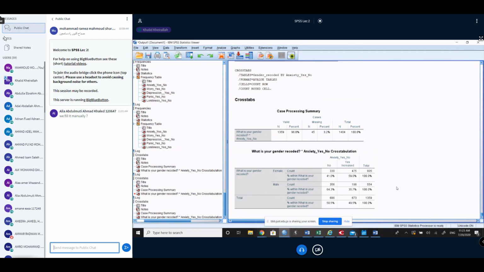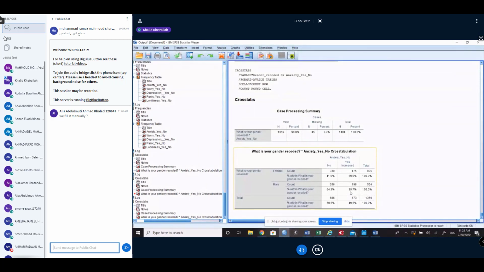Now, it's very important to have the females as 100% and the males as 100%, because you're comparing two subgroups. Each subgroup should be dependent on itself. So among females, we have almost 60%, 59% reported to have anxiety. Among males, you have 35.7%. 35.7% of males reported to have anxiety.